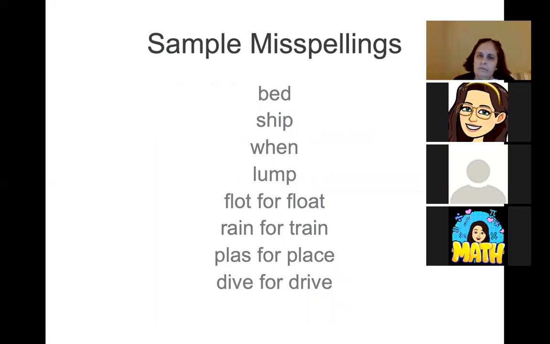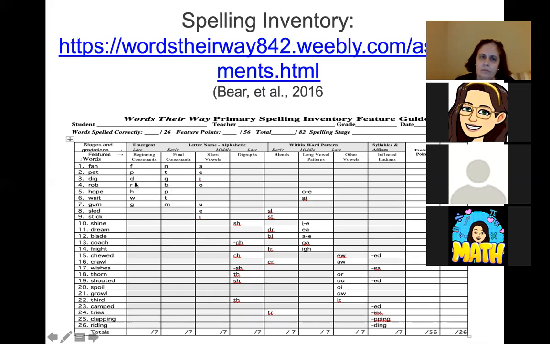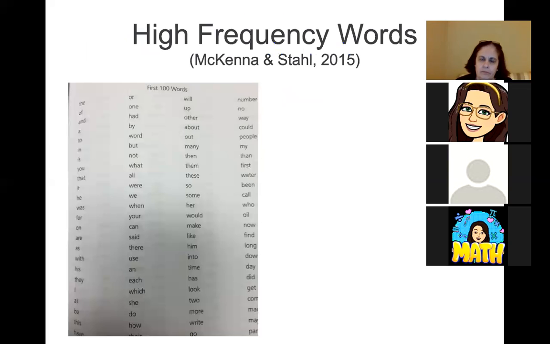This is a sample of misspellings for bed, ship, when, lump, float, rain, plus for place, and die for drive. And then the teacher will record the components that the student has correctly addressed. And finally, we'll determine what is the area where the student has less than 5, has missed more than 2. And that will be the beginning point potentially.